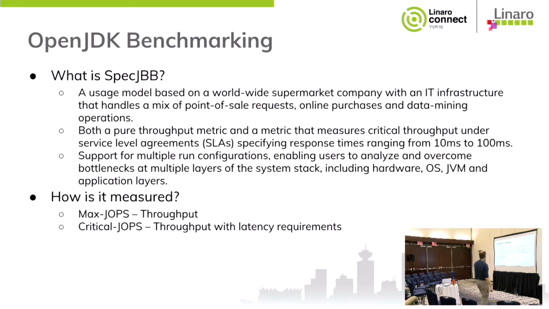So, OpenJDK benchmarking, SPECjbb. It models a usage-based worldwide supermarket, and it handles a mix of point-of-sale requests, online purchases, and data mining operations. So it has both a throughput metric as well as a time-sensitive throughput metric, based on hypothetical software license agreements that say it needs to be within 10 milliseconds to 100 milliseconds.